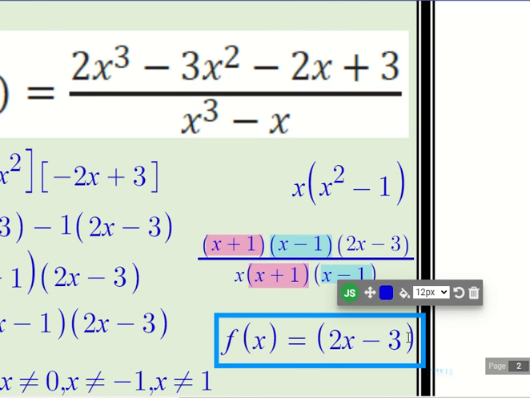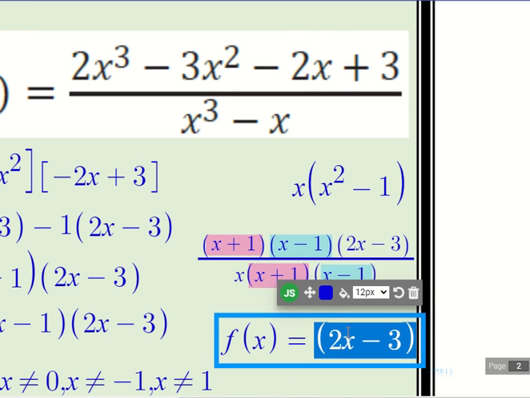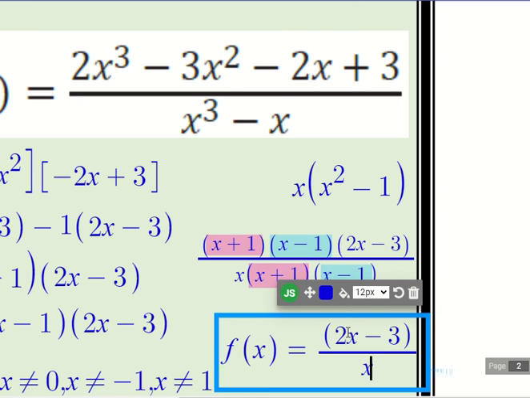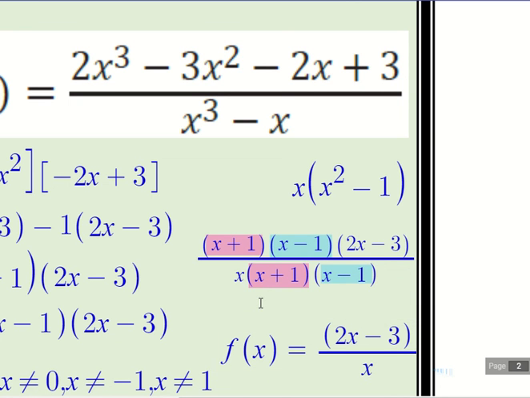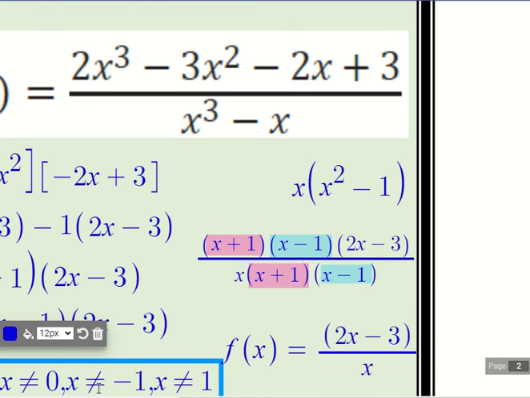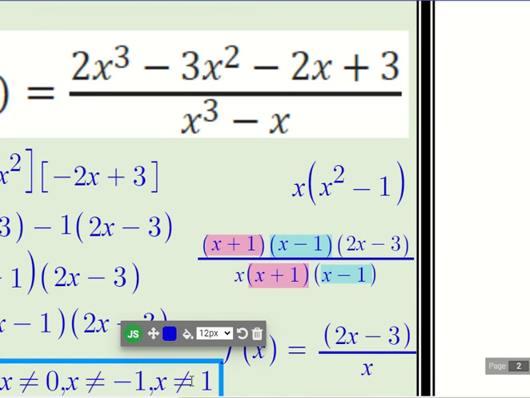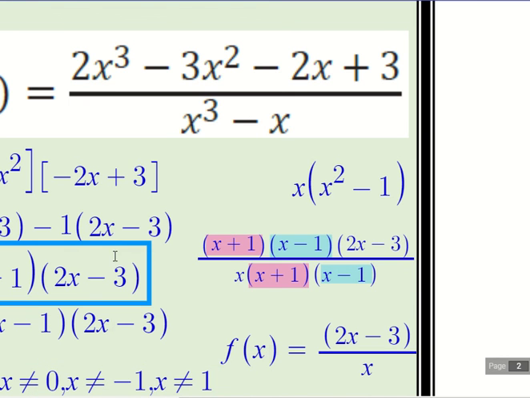In the denominator, we still have an x. And that's our function with the exclusion that x cannot be 0, -1, or +1. And that's our final answer for question 10.